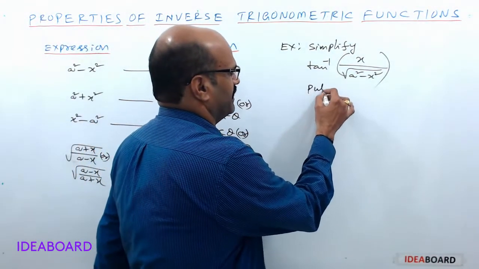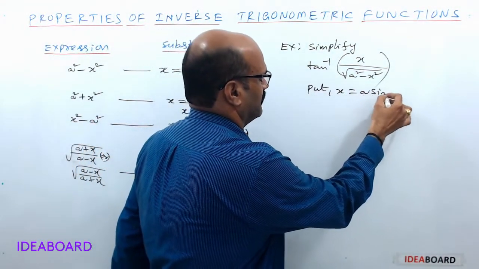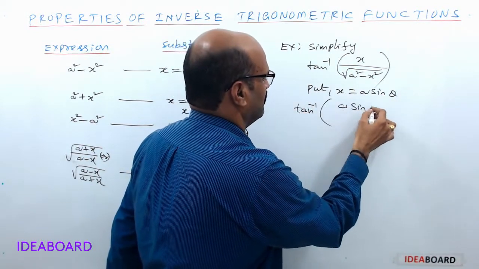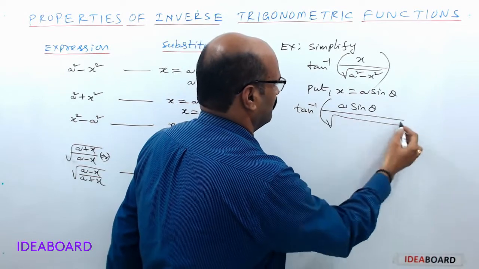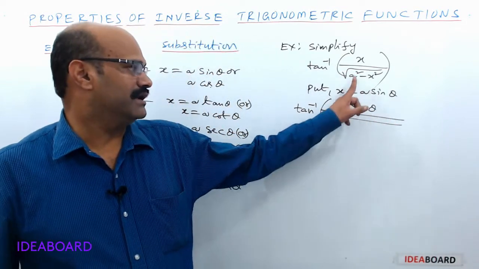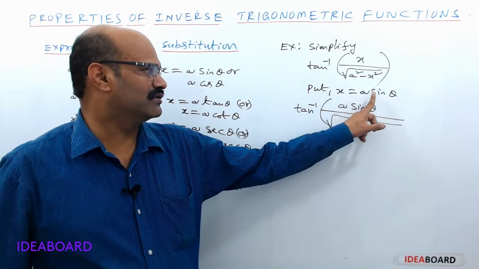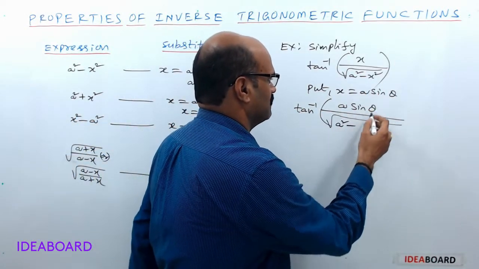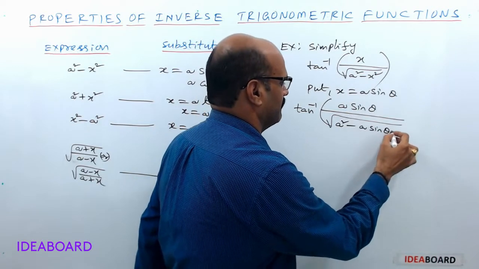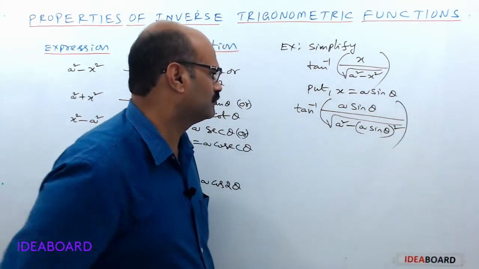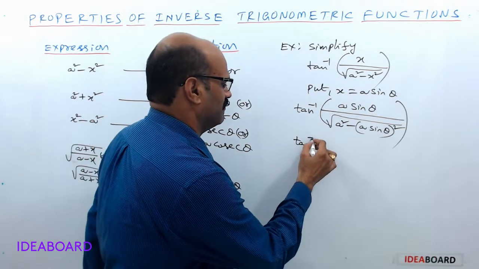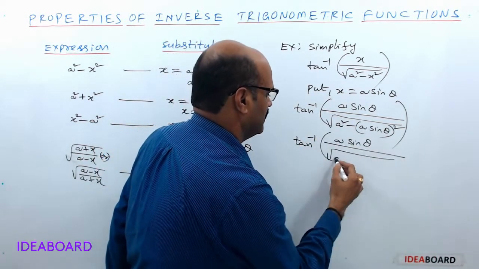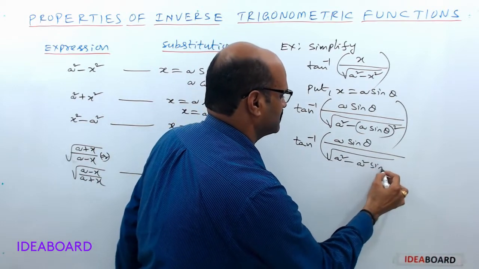Then we get tan inverse of a sin theta by square root of a square minus x square, with x equal to a sin theta, so a square minus a sin theta whole square, equal to tan inverse of a sin theta by square root of a square minus a square sin square theta.